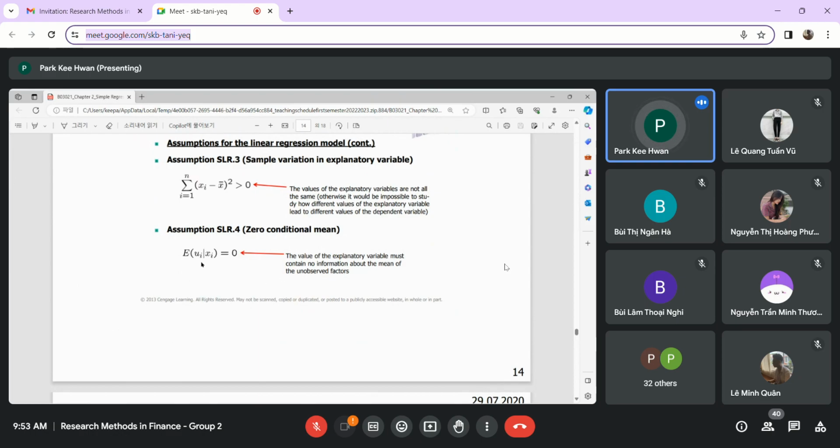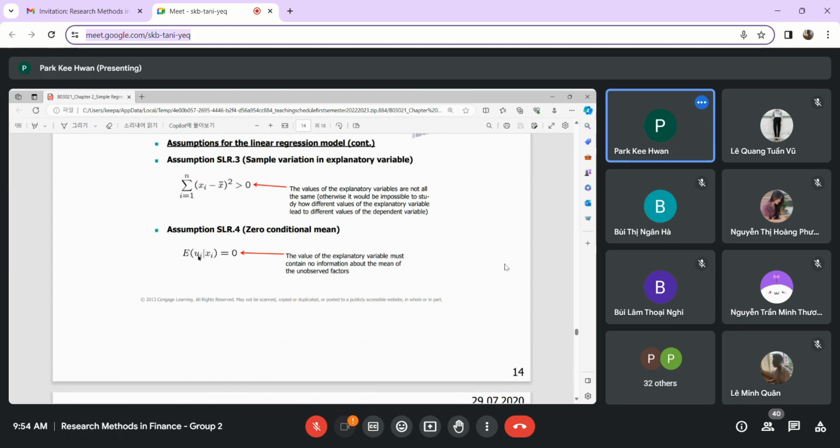Here the ui contains unobserved factors, like the ability of workers or intelligence level or family background of the worker, which may affect the wage rate, but those factors cannot be observed, and that we call unobservable factors.